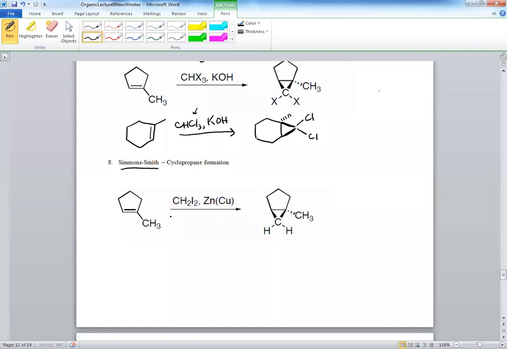Once again, you are making a cyclopropane ring. So this is diiodomethane, zinc, copper. It's an oxidation reduction reaction that's happening between the zinc and the copper.